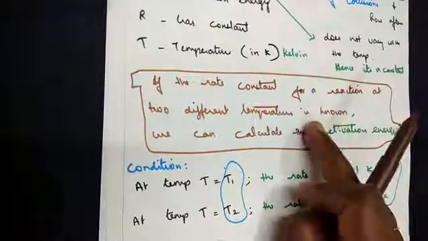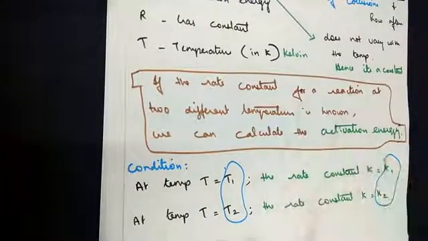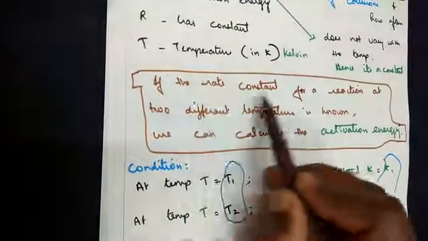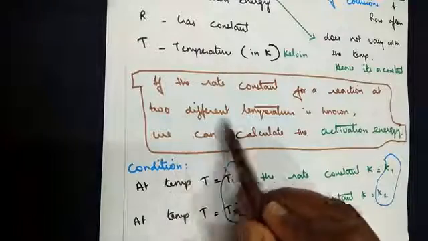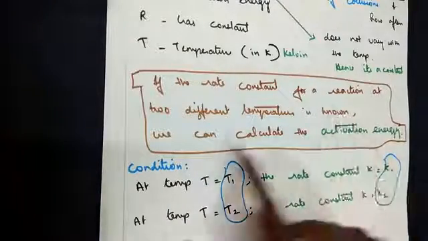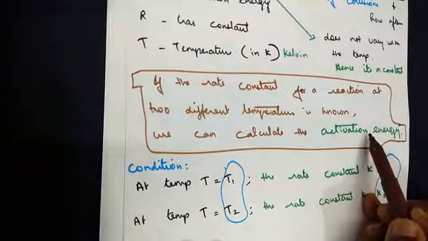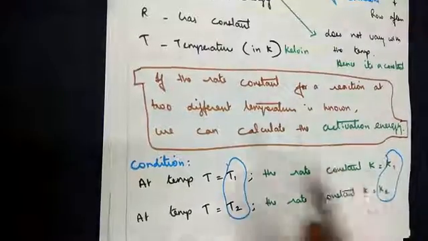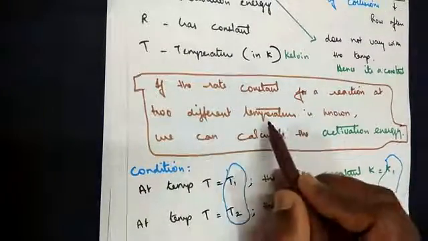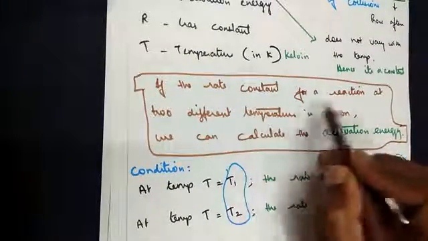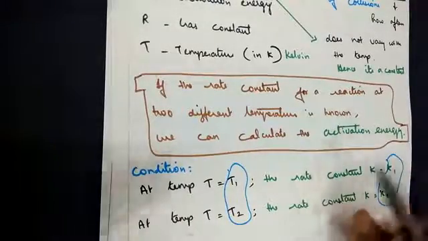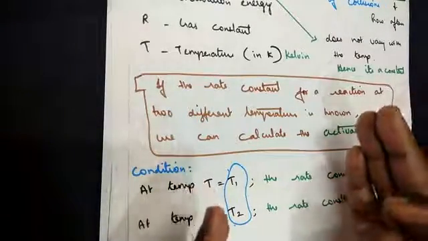This is not for the exam point of view, only to make you understand. If the rate constant for a reaction at 2 different temperatures is known, we can calculate the activation energy. Just now I told you. Now when we say rate constants for 2 different temperatures are known, we are talking about it within a given time limit.